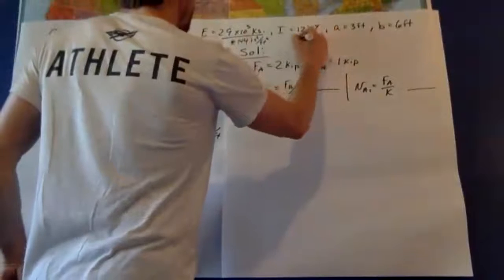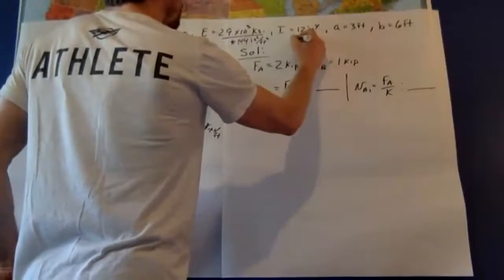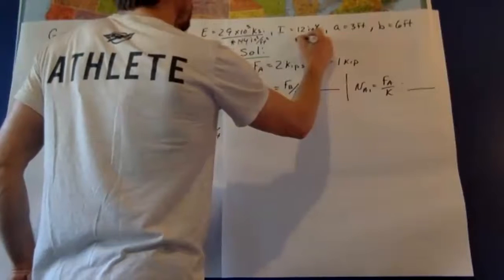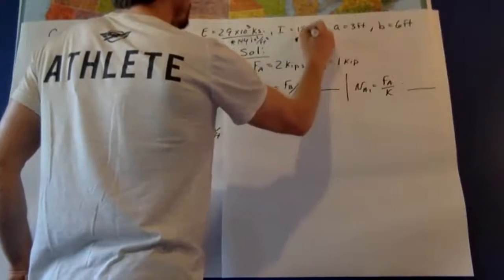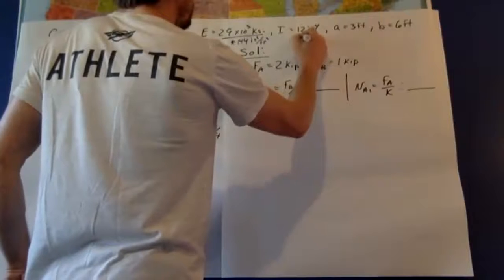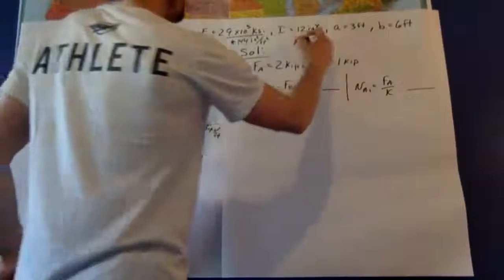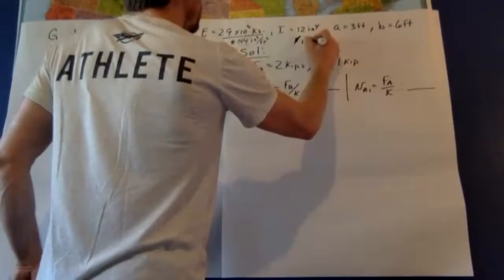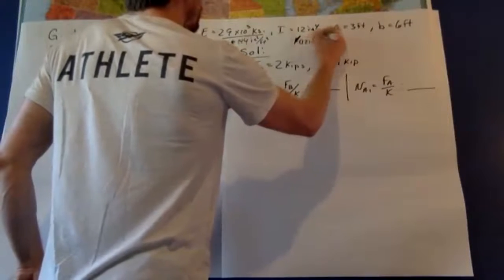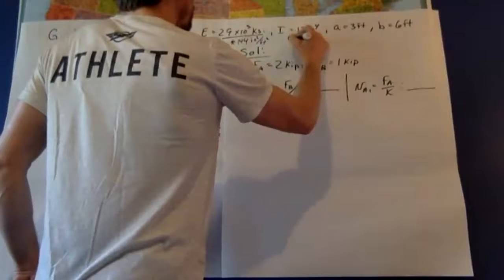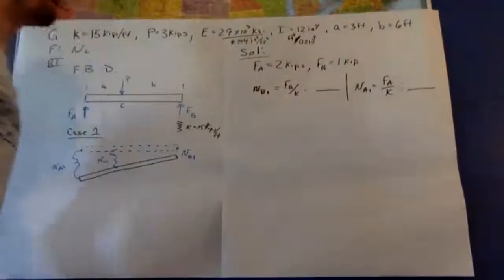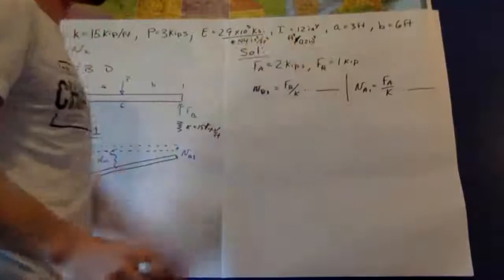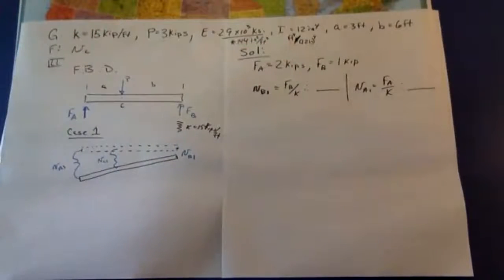This would get divided by 12 inches to the fourth. Then we're left with feet to the fourth that way. So that's 12 times 12 times 12 times 12 to get it into feet to the fourth.